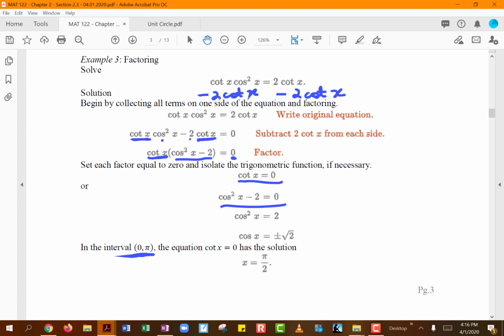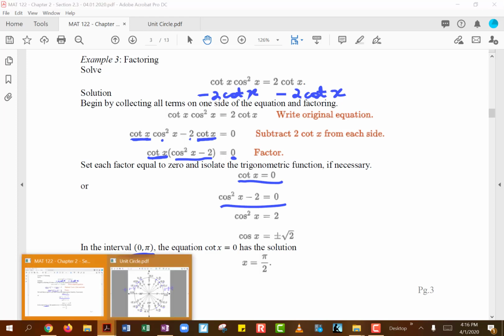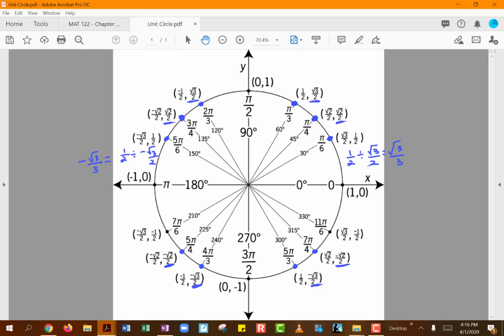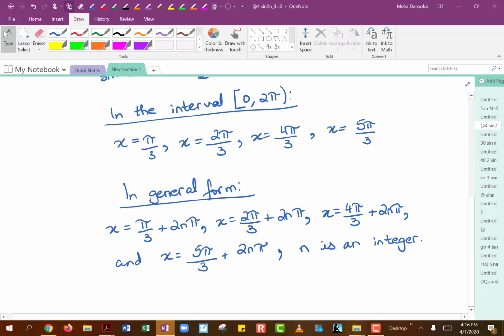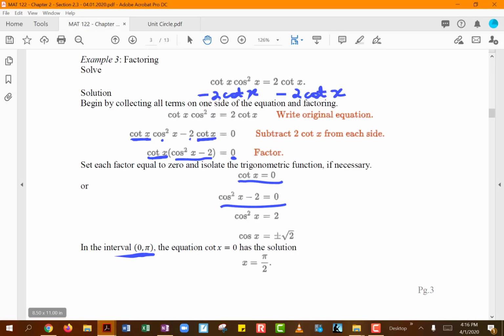And for cotangent function of x to equal 0, it's actually only going to happen right here at pi halves, because cotangent function, remember, is defined as cosine of x divided by sine of x.